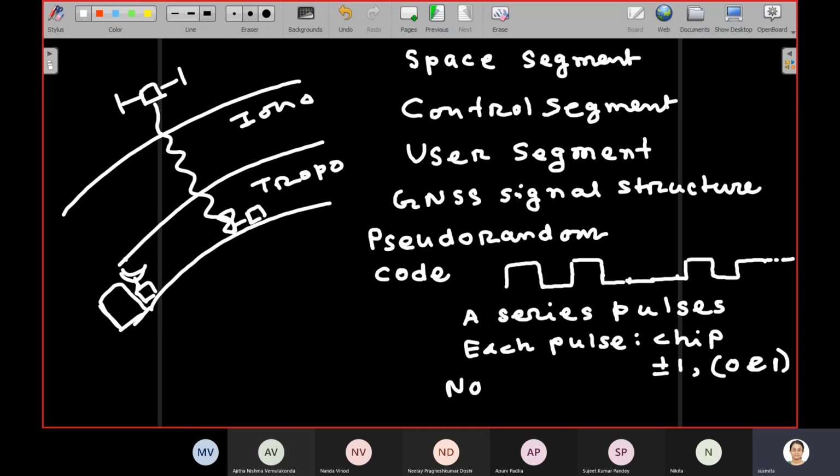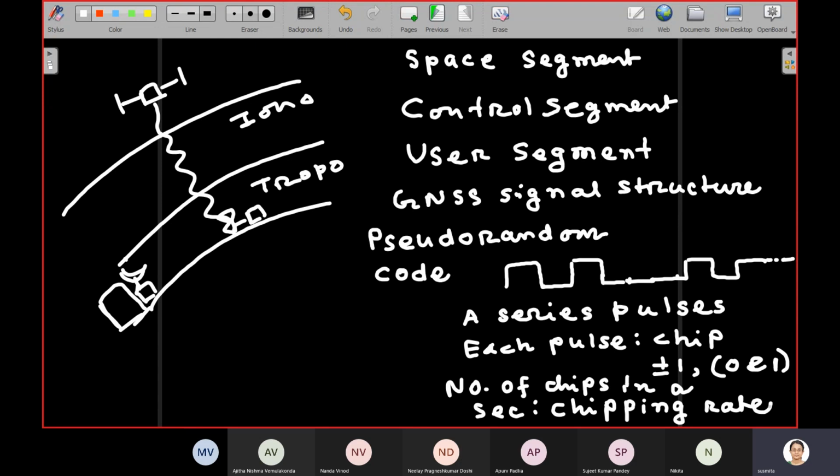Number of chips in a second is called chipping rate. Okay, now different constellations have different types of pseudo-random codes with different parameters. Now even within a constellation we can have different pseudo-random codes with different chipping rates.